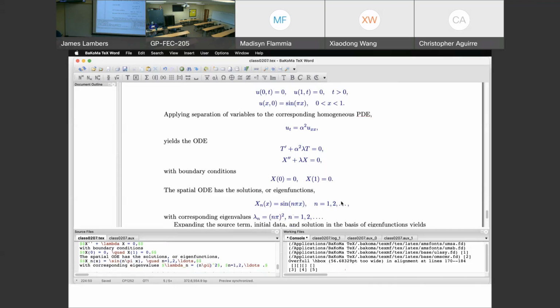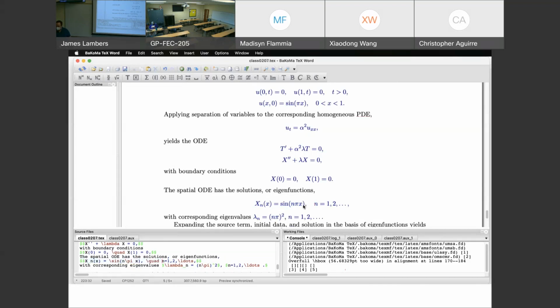Now, often when you come across this kind of non-homogeneous problem, the corresponding homogeneous PDE you might have solved before with the same boundary conditions, so then you have that solution handy. If not, then you'd have to go through the whole separation of variables process to figure out what this is.